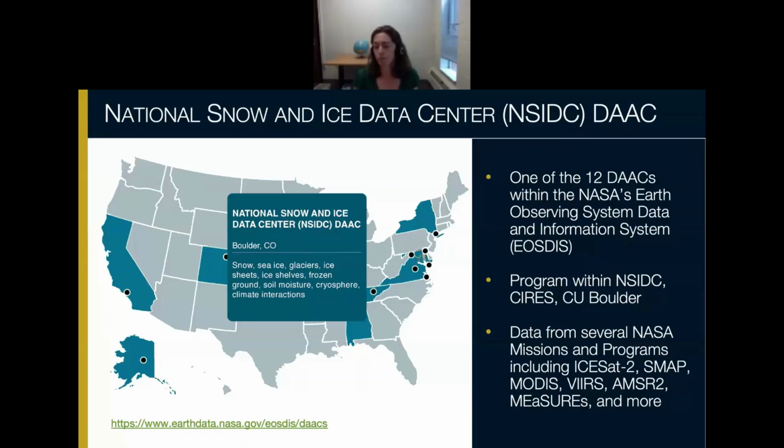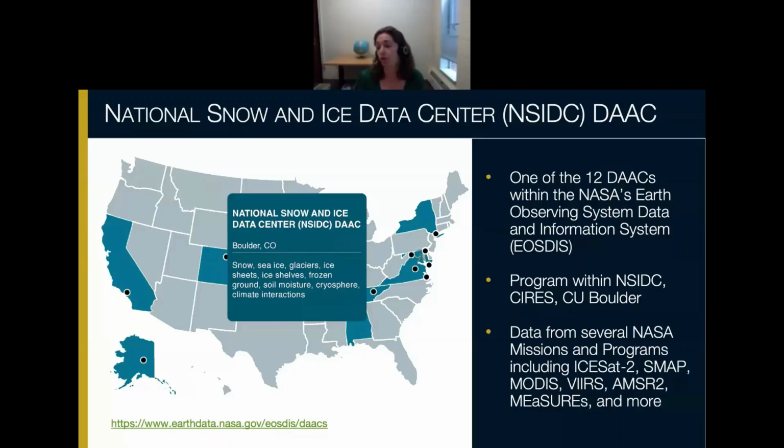So now I'll jump in and quickly introduce the NASA National Snow and Ice Data Center Distributed Active Archive Center, or NSIDC DAAC. We are physically located in Boulder, Colorado, and we provide access to hundreds of data products in support of cryospheric research, as well as global change detection and water resource management. We are one of the 12 DAACs within NASA's Earth Observing System Data and Information System, or EOSDIS.